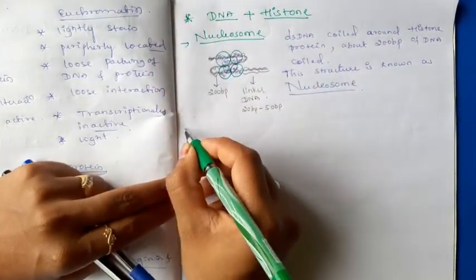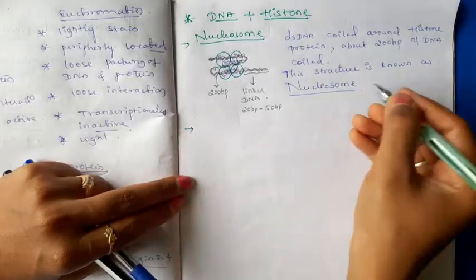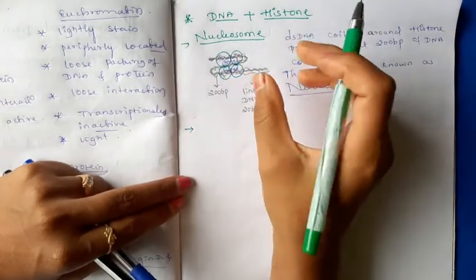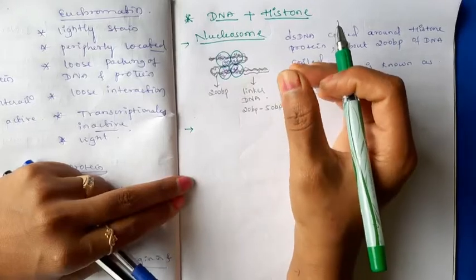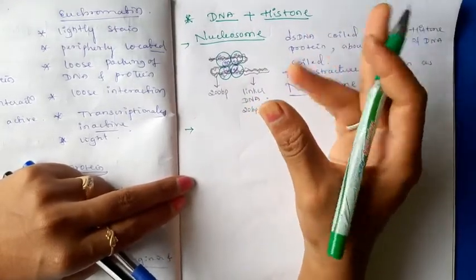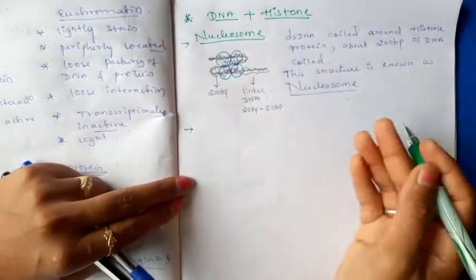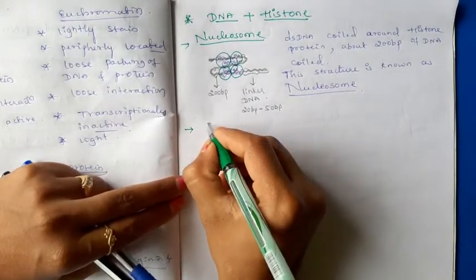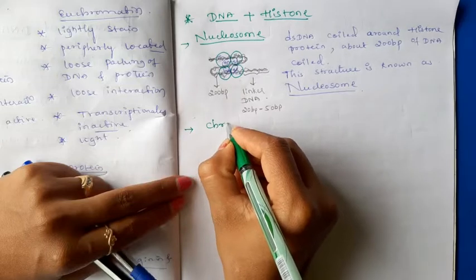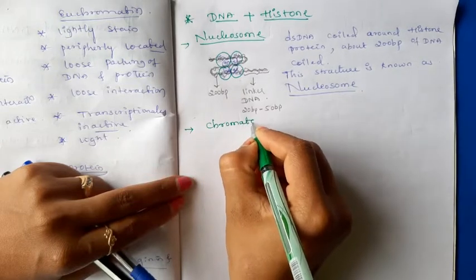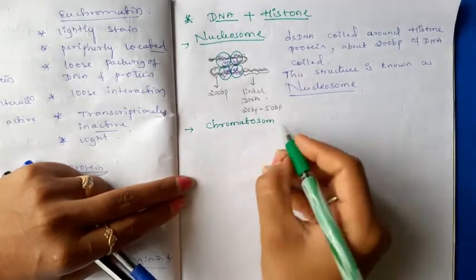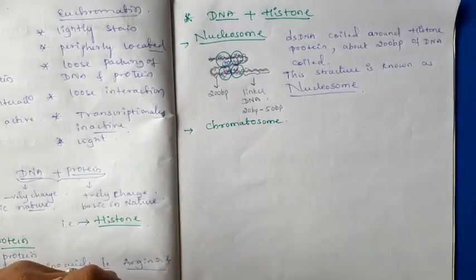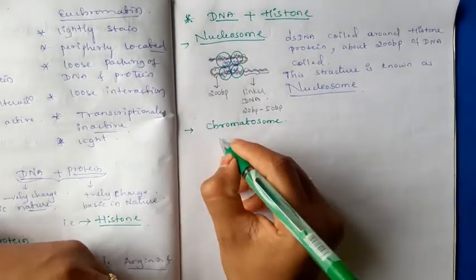After the nucleosome formation, many histone proteins are present, which means many nucleosome structures are formed to form a chromatosome. Chromatosome means many histone proteins are combined.